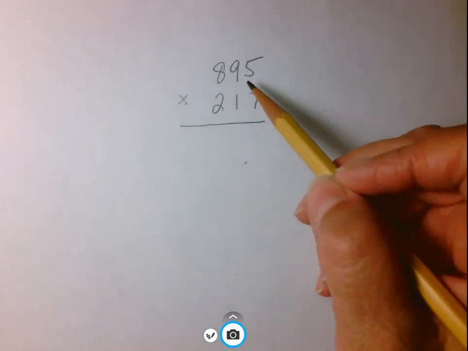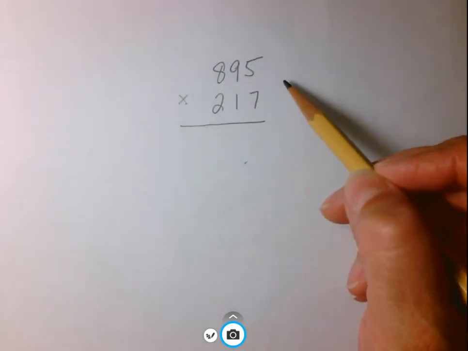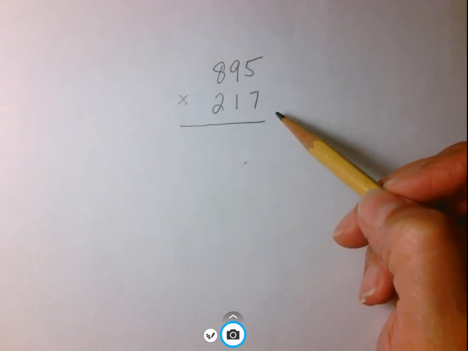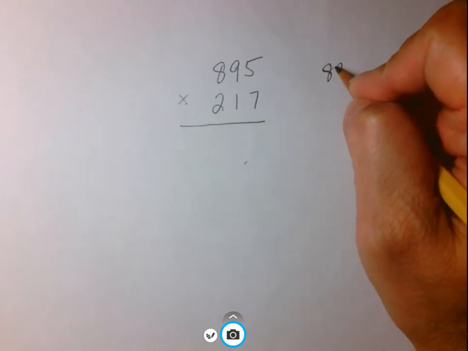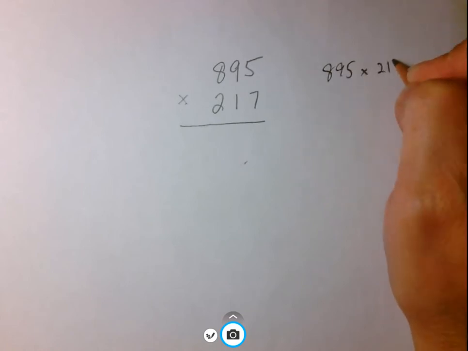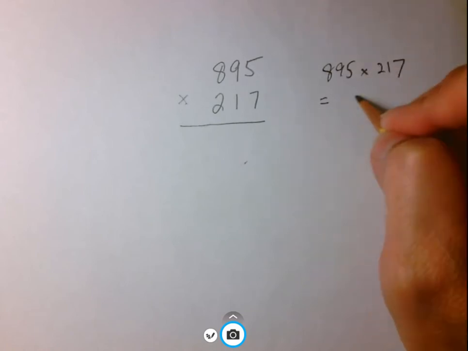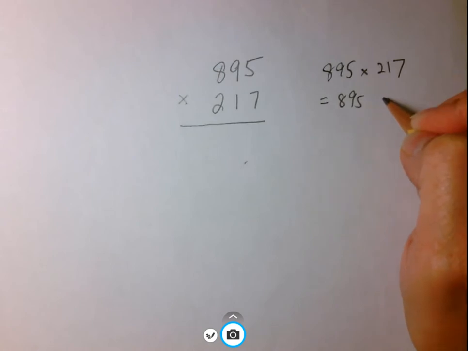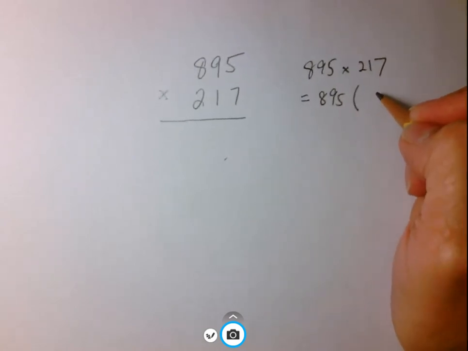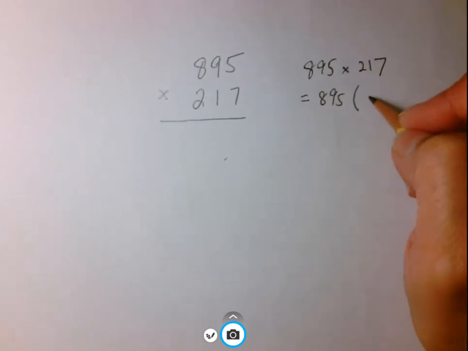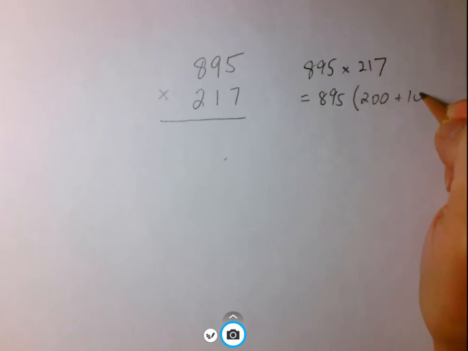It's important to recognize that 895 multiplied by 217 is the same as taking the 895 and multiplying it by, let's break down this 217 into parts, 200 plus 10 plus 7, right?